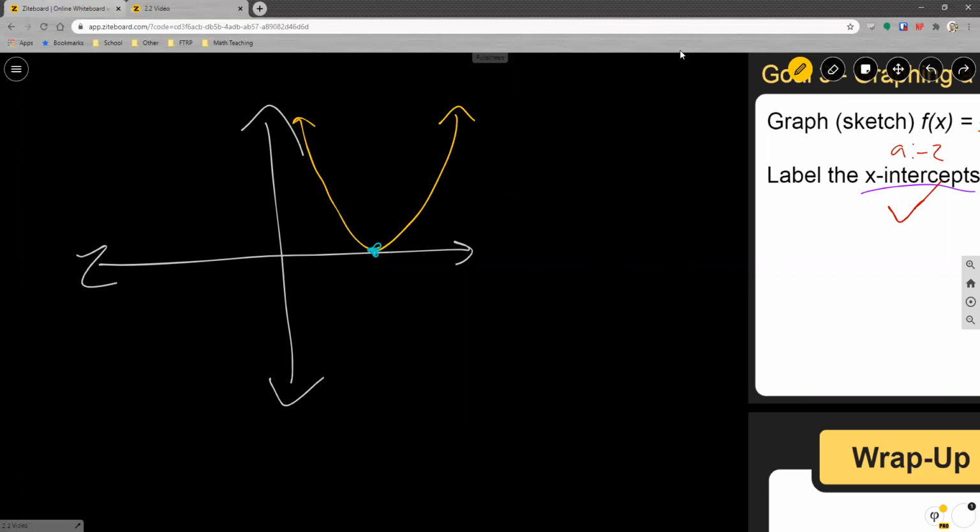So in a situation with one intercept, that means my p and q values are both the same because there's only one location. So that would mean that p is equal to q. So if that's the case, then if I write my equation out, I have something that looks like this.